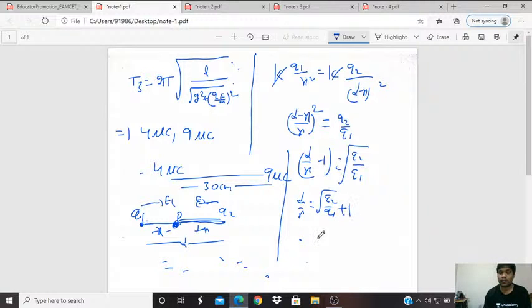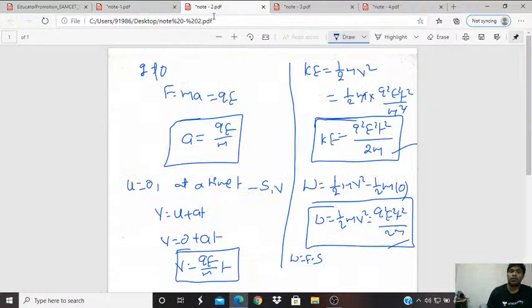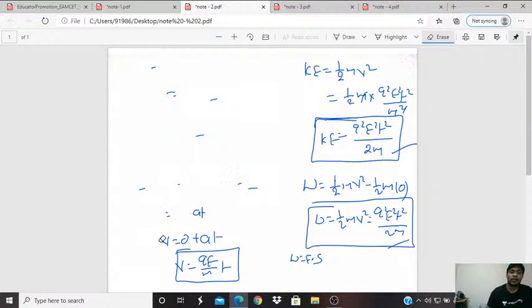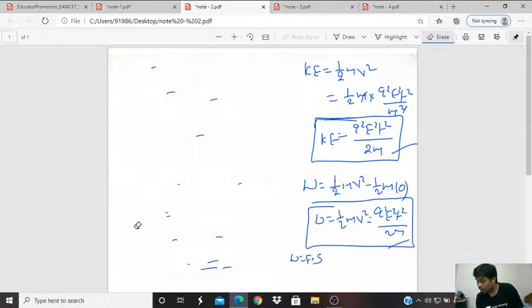So X equal to now D by under root of Q2 by Q1 plus 1. Suppose if these are unlike charges, one is positive, one is negative. In that case, for null points means net field 0 in or beyond the line joining.